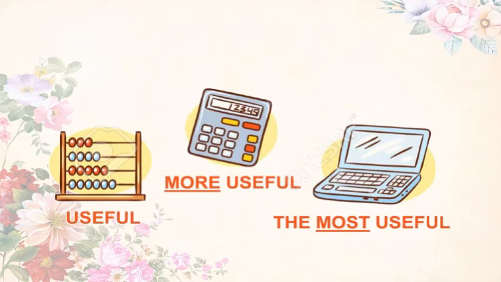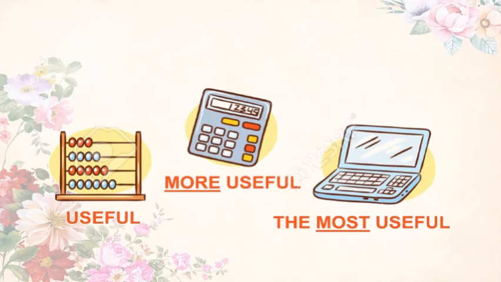Students, see here 3 mathematical tools are there. First one is a beads, and second one calculator, and third one is the laptop. Here to do maths, the beads, string of beads, that is very useful for children, isn't it? And that is useful, that is the adjective. Now here we have not written useful and er.